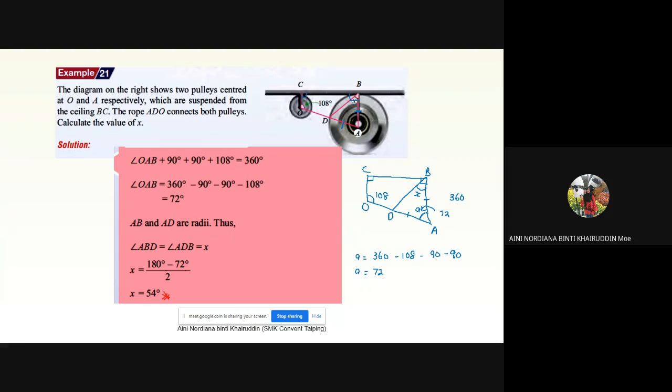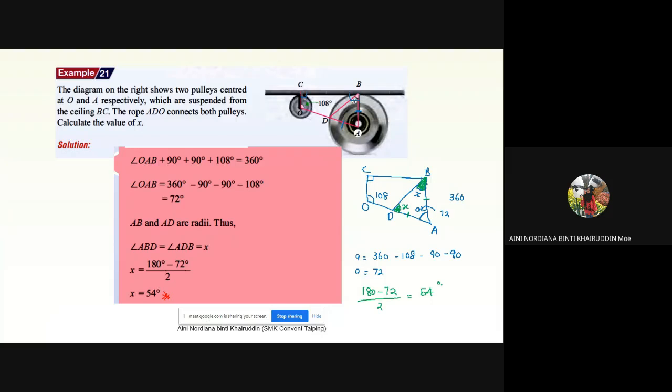So the angle here is also X. Since it is an isosceles triangle, the angle here is equal to here. So now you can calculate X. First, you need to minus 72, 180 minus 72, then you divide by 2. You will get the value of X. Okay, can or not, Jyoti? Understand?